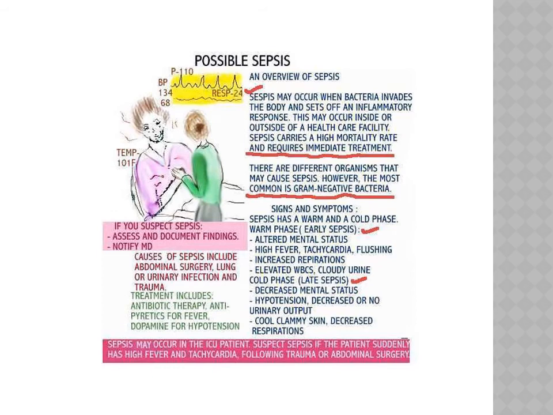There are different phases, like I said. So later phase would be the cold phase, and this is when the patient has cool, clammy skin. And the cool phase is when the higher chance for mortality of the patient may occur.